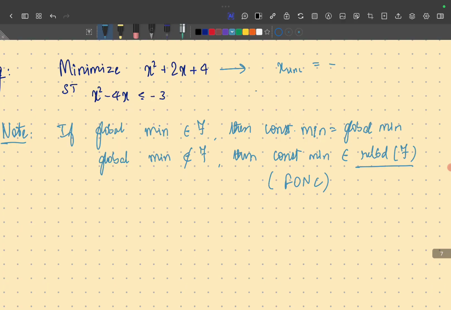So the derivative is 2x plus 2 equal to 0, so x equals minus 1. What will the minimum be unconstrained? Maybe it's 1 plus 4. Yeah, it will be 3.